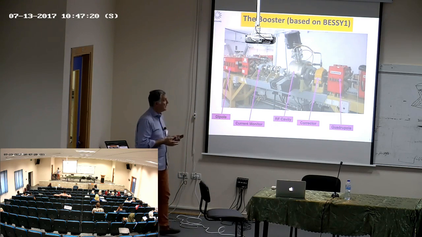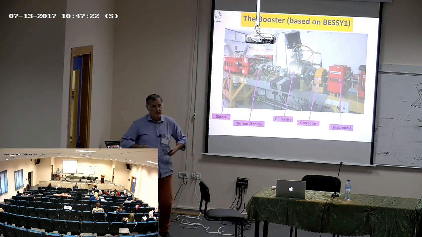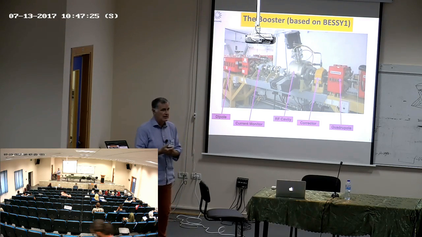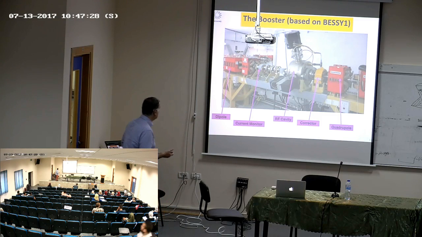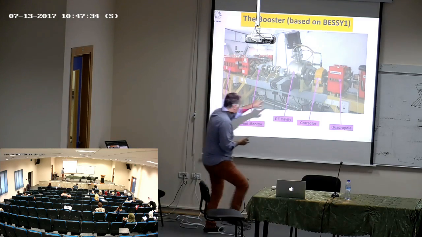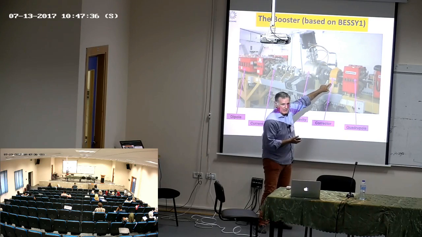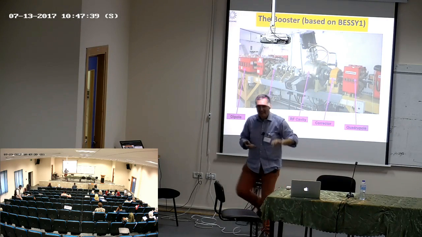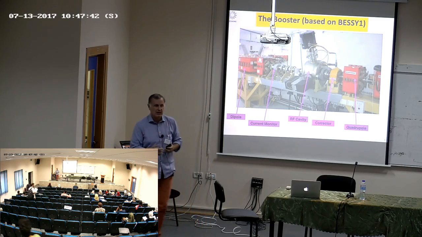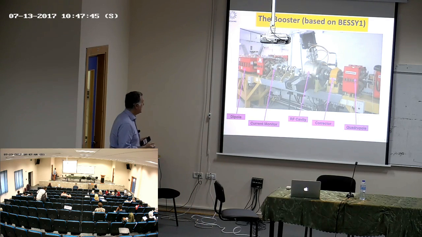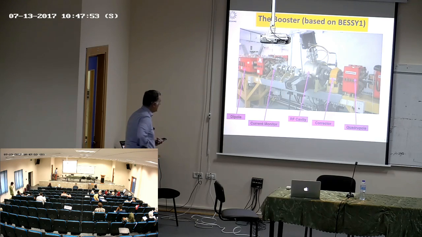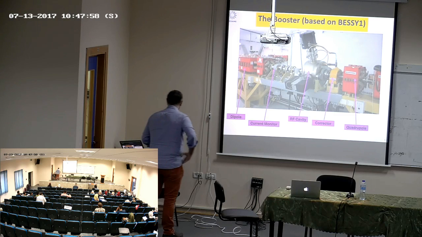Then in 2013, most of the components of BESSY 1 were reinstalled. This is what they look like. You can see here, you can actually read BESSY if you look with some detail. So these are all components which are part of the German donation to Sesame, which have been reconstructed to have a booster. So this is the dipole magnet, this is the current monitor, cavities and corrector, and so on and so forth.